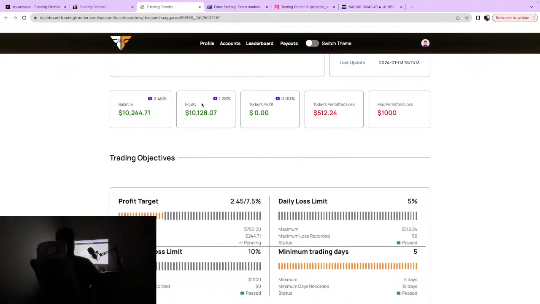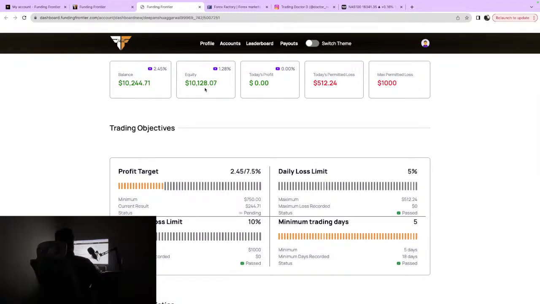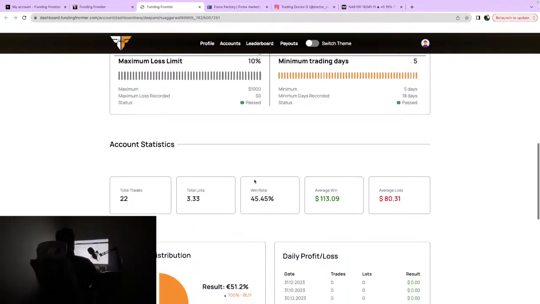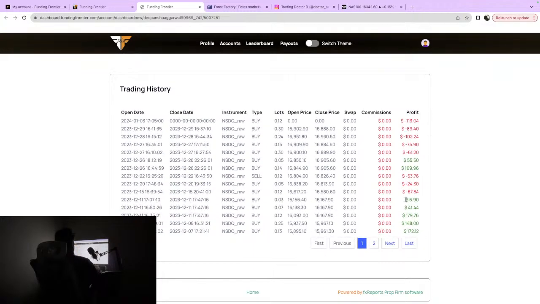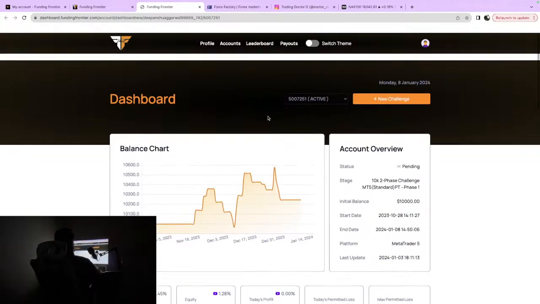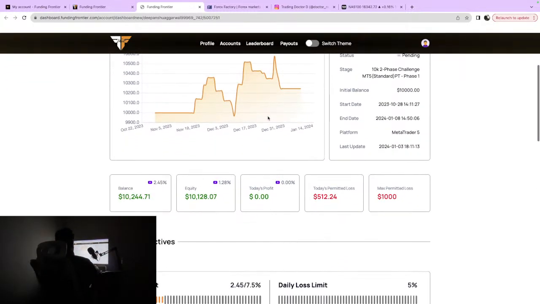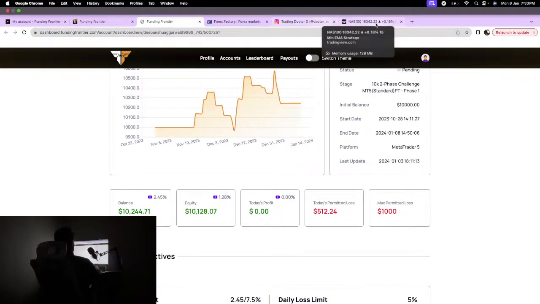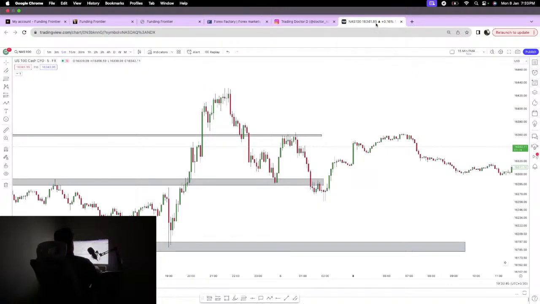The equity is currently standing at 10,128. These are the trades we have taken till now. Everything is shown completely true, no editing, just showing you what we are doing live.